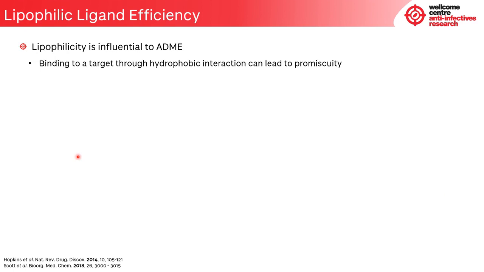We know that lipophilicity is a massive influence towards your absorption, distribution, metabolism, and excretion. We know that these non-specific binding interactions can potentially lead to off-targeting effects later on, for instance in the likes of cytochrome P450 inhibition, as well as the hERG inhibition related to cardiac arrhythmias.